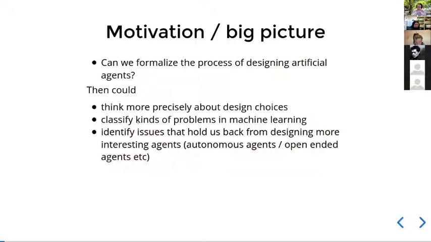So maybe we could classify this. And another thing is maybe we could find out why we have such trouble designing autonomous agents or open-ended agents. But that's just background.